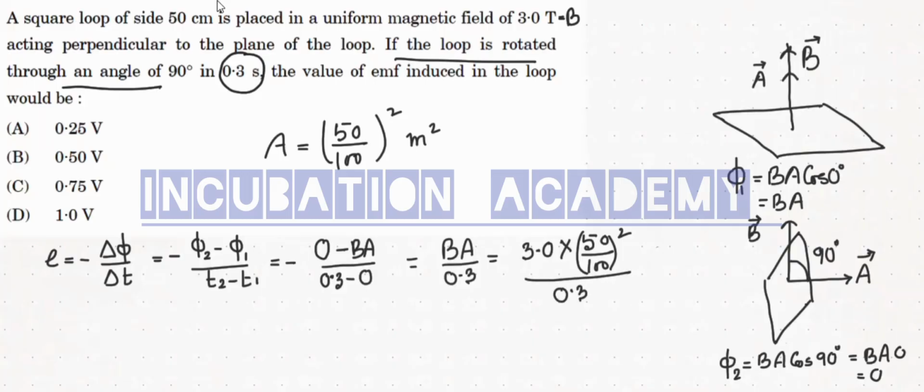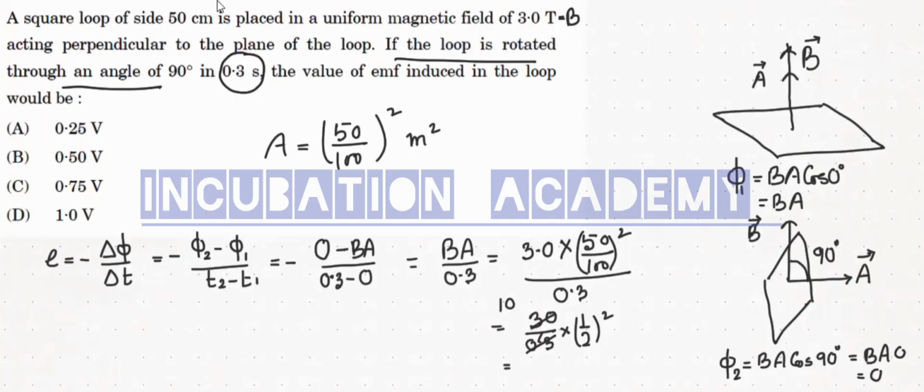It is just a simple calculation, where slips can happen. It is 3 divided by 0.3, and 50 by 100 is 1 by 2, so it is 1 by 2 whole square. If I shift the decimal point, this becomes 30 by 3, which gives you 10.